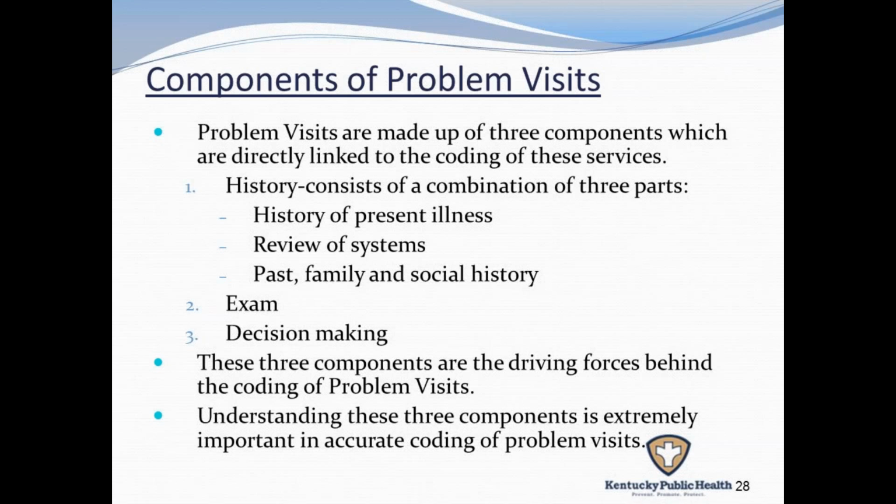History consists of a combination of three parts: history of present illness, review of systems, and past, family, and social history. The second component is exam. And the third component is decision making. These three components are the driving forces behind the coding of problem visits. You have to understand these three components to accurately code for problem visits.